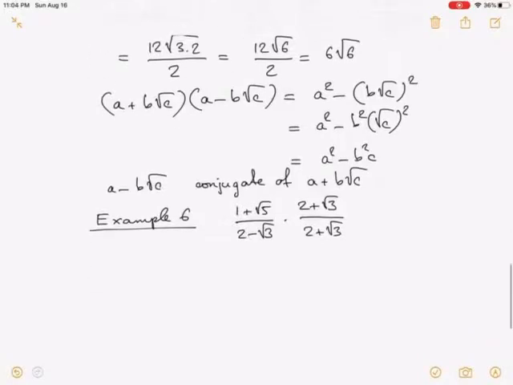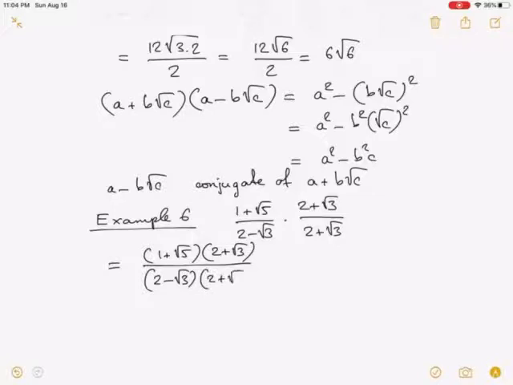So we multiply with 2 plus square root of 3 divided by 2 plus square root of 3. 1 plus square root of 5 times 2 plus square root of 3, divided by 2 minus square root of 3 times 2 plus square root of 3.